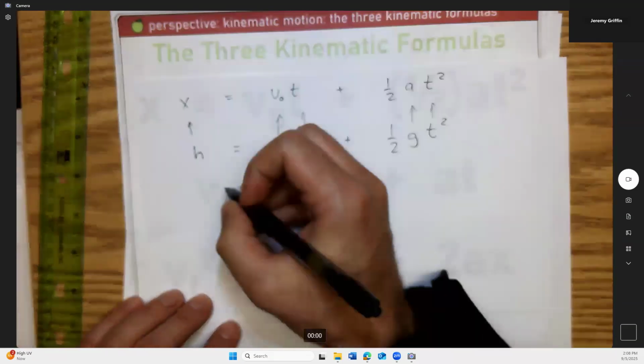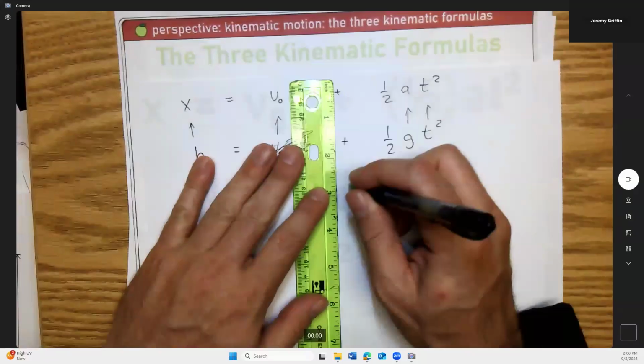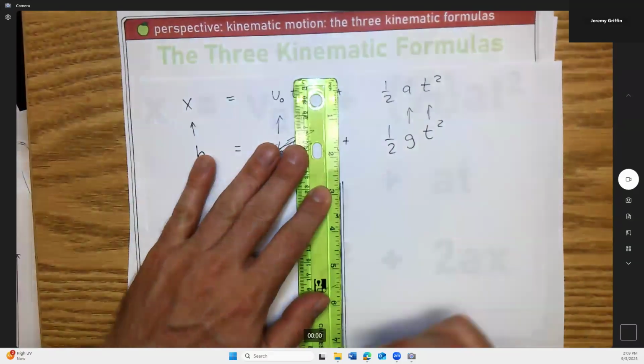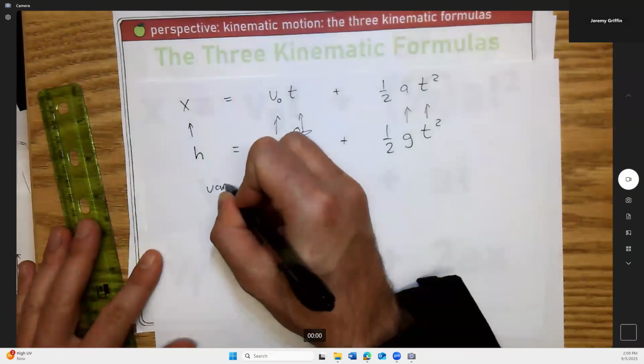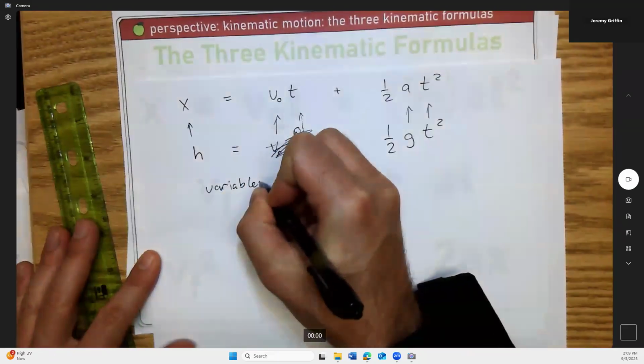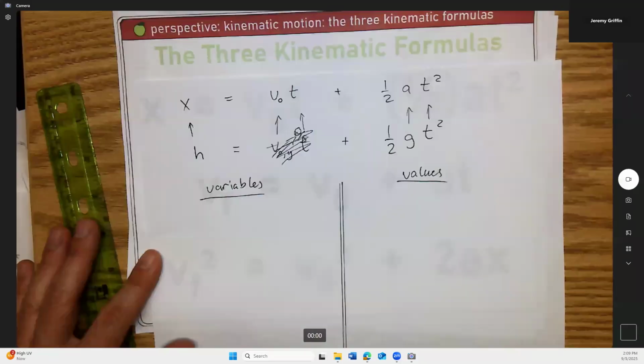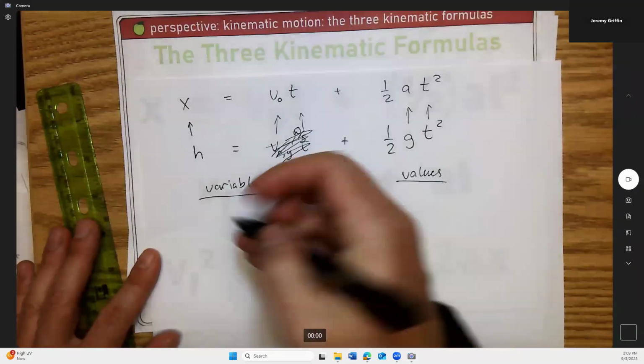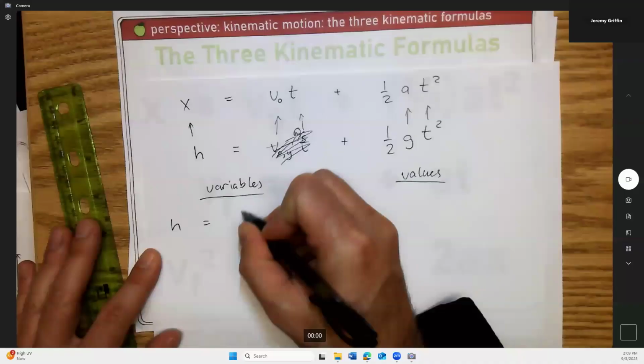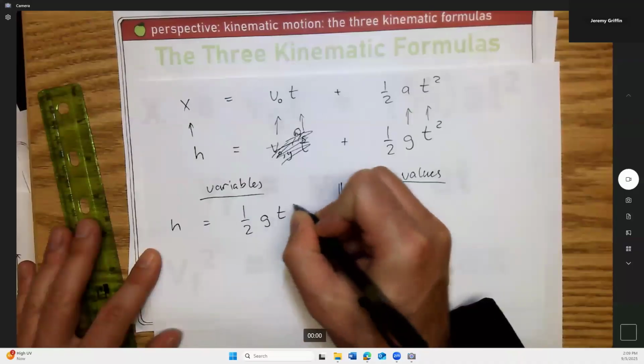Okay. Which means here, I'm going to solve this two ways. I'll solve this in terms of variables, and I'll solve this with numerical values. Of course, it'll be the same thing either way. I just want to show you guys in principle you can do this. h equals 1/2 g t squared is what this is boiled down to.